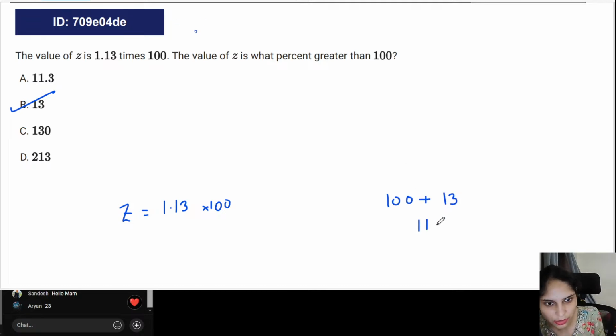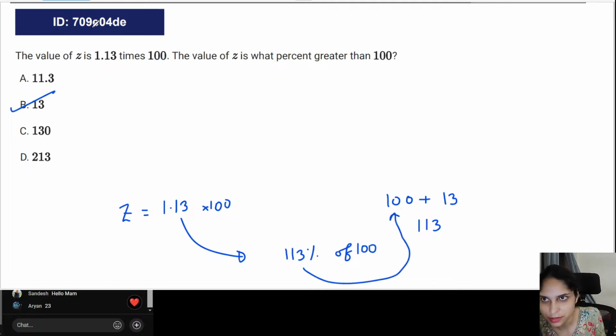That is why you're getting 113, because this means 113%. So that is why the answer is 13%. Why is it 113%? Because you will move the decimal 2 places to the right.